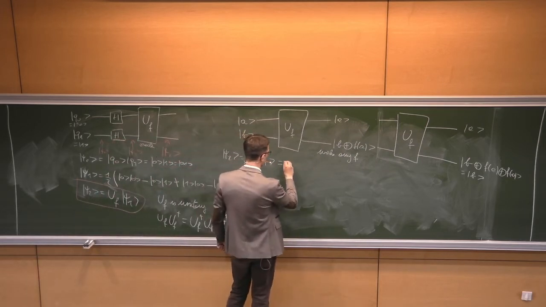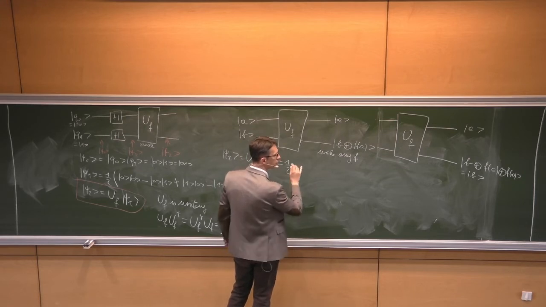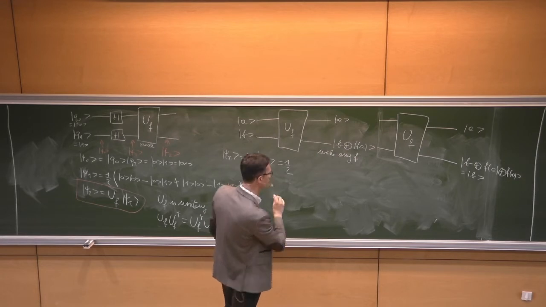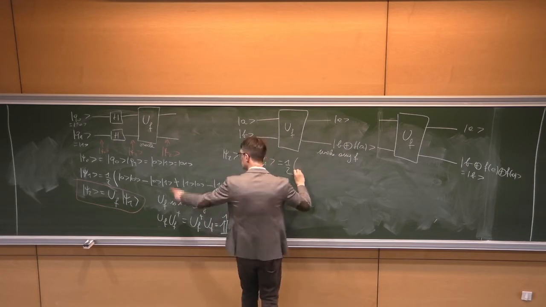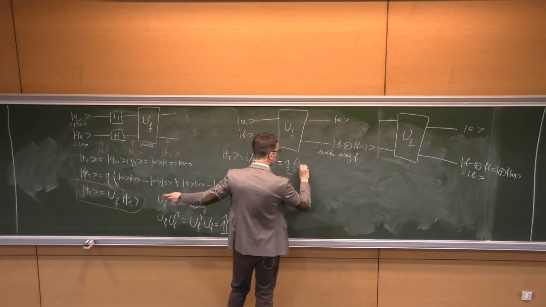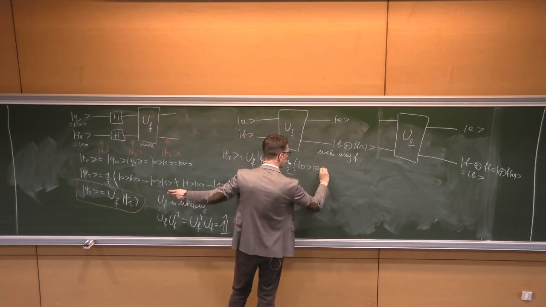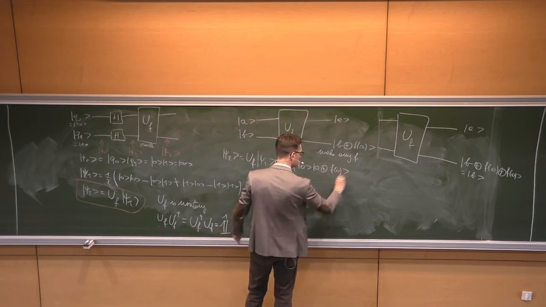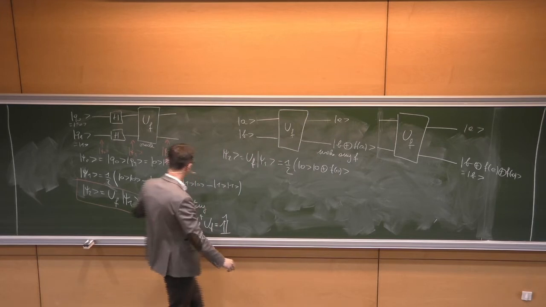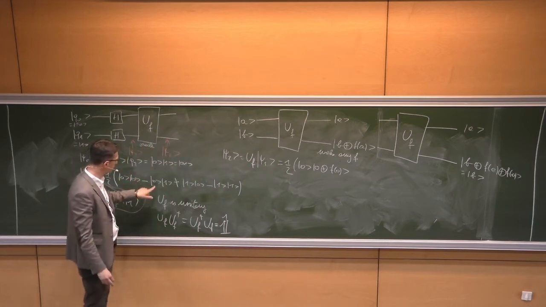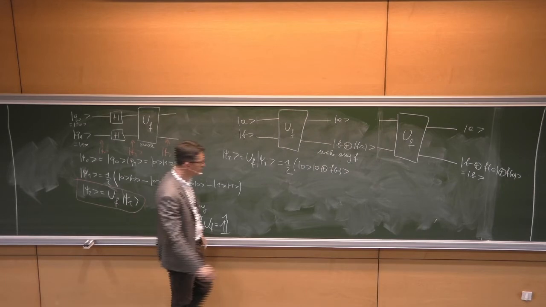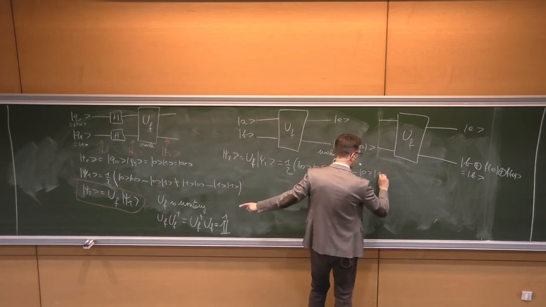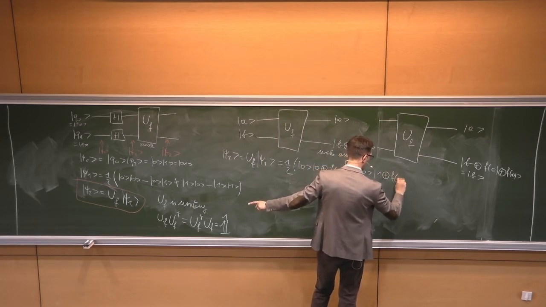So I've got 1/2 of 0, then 0 plus f of 0. That's the first term. Then minus 0, 1 plus f of 0.